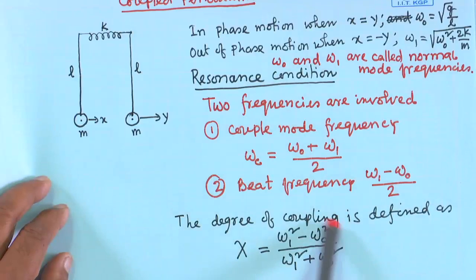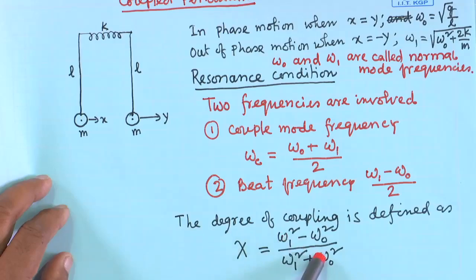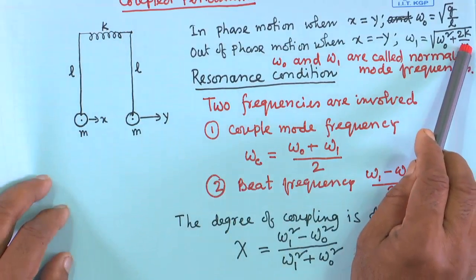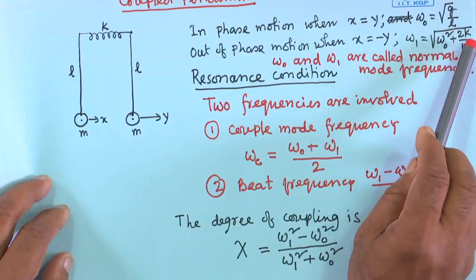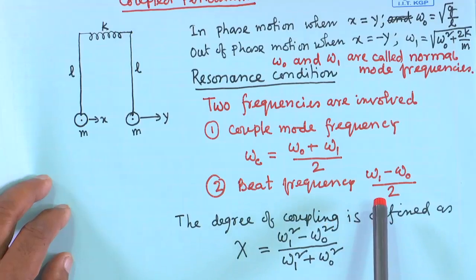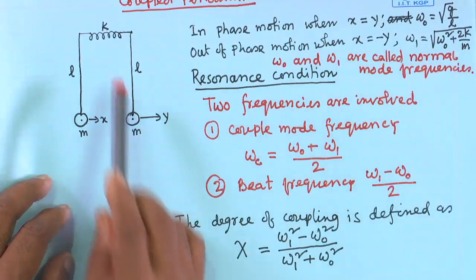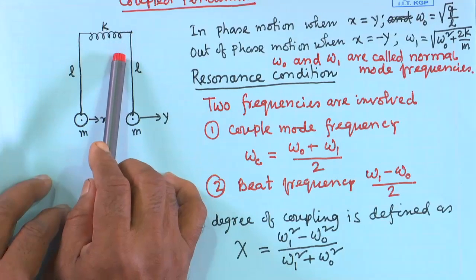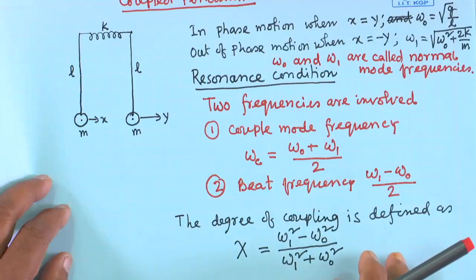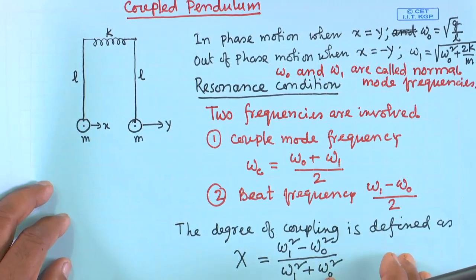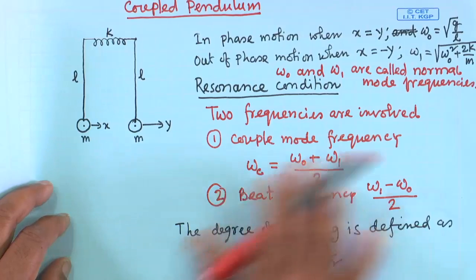So one can find out the degree of coupling in this system. That depends mainly on k, because omega 1 depends on k. The degree of coupling depends on mass as well as spring constant k.